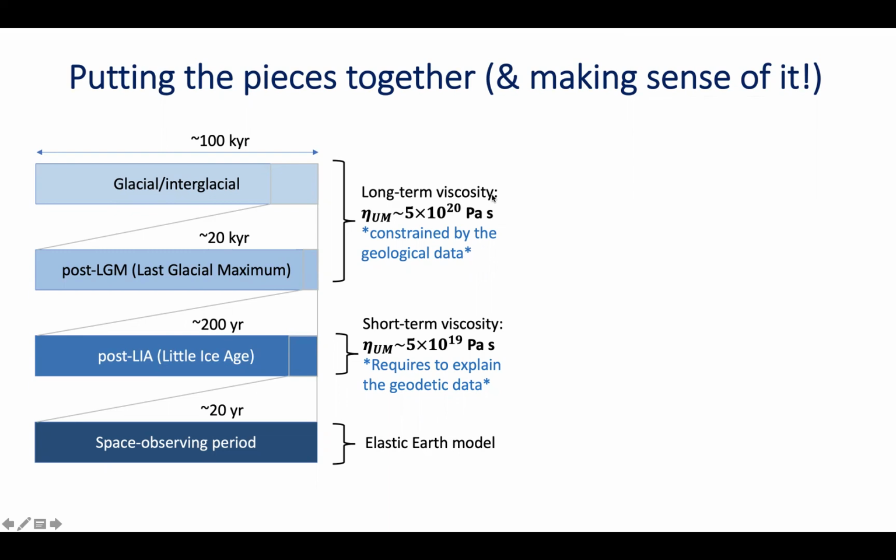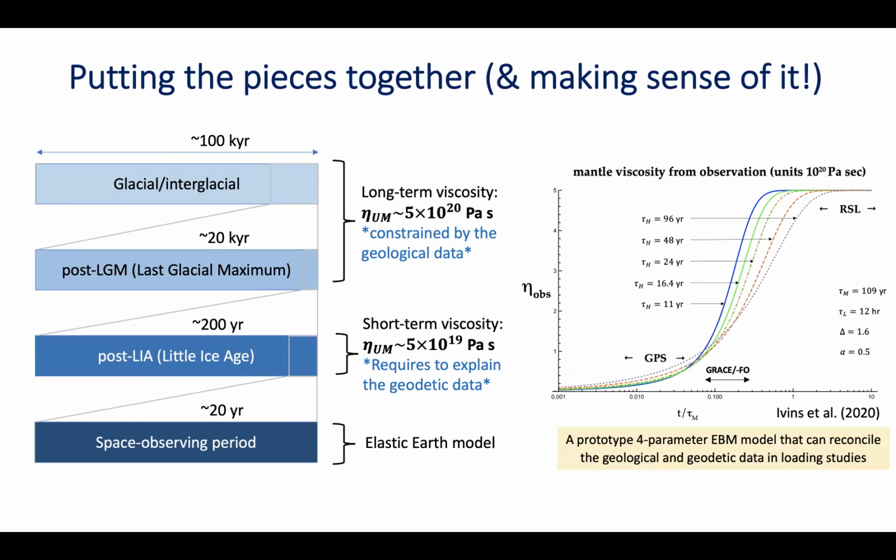So this means that the classical Maxwell model is not going to solve it in terms of reconciling both the geological and geodetic data. One way forward would be to use the so-called extended Burgers model that can really capture the mantle relaxation across timescales.